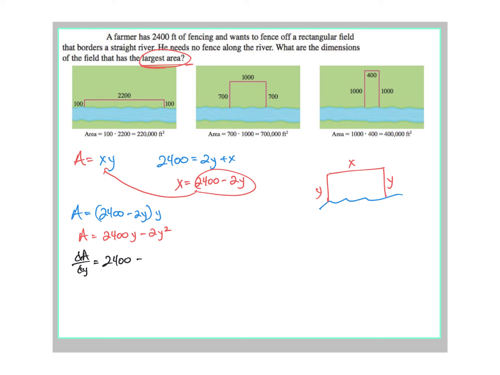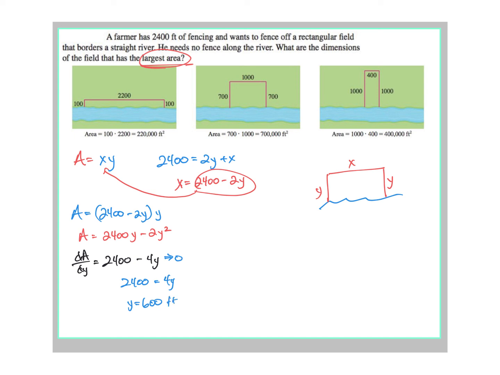And then minus 4y. And what do I want to do with that? I want to set that equal to 0. So now I have 2,400 is equal to 4y. So what does y equal? 600. So y is equal to 600 feet.